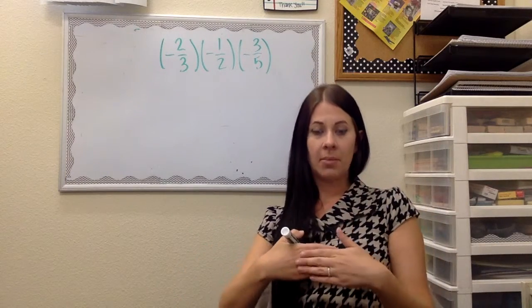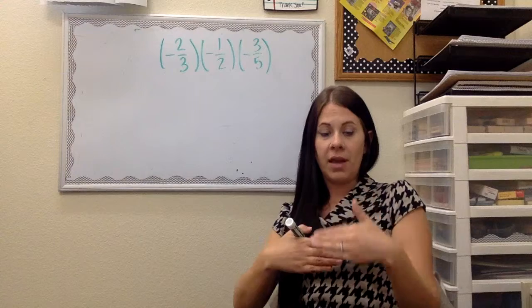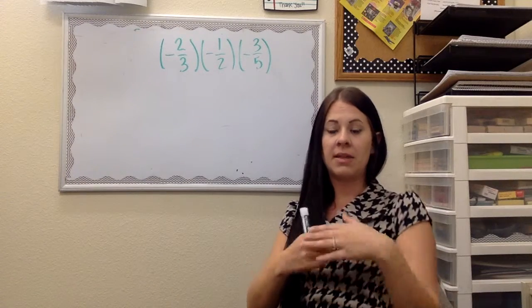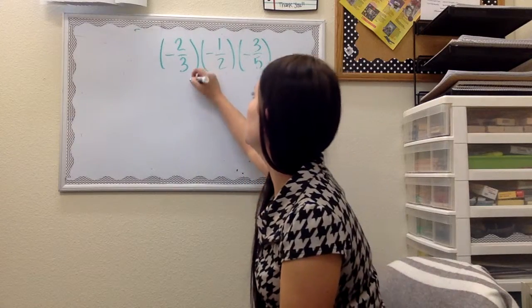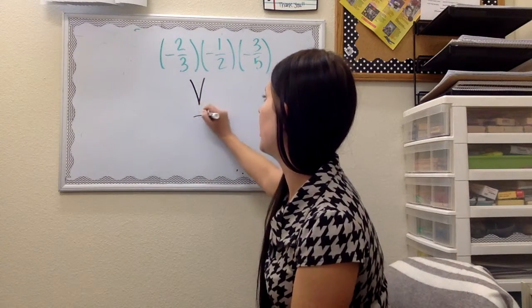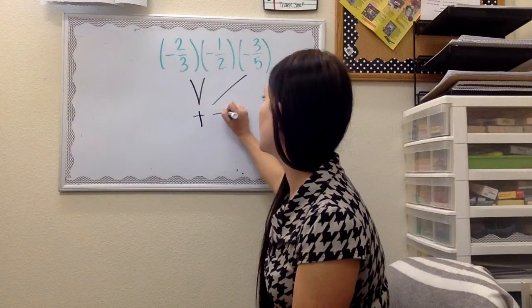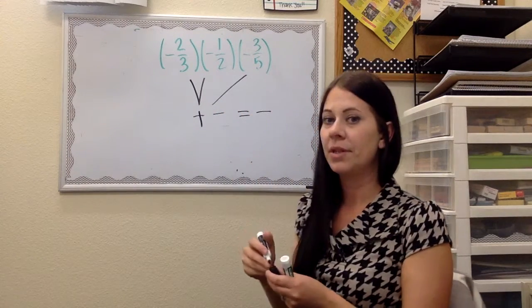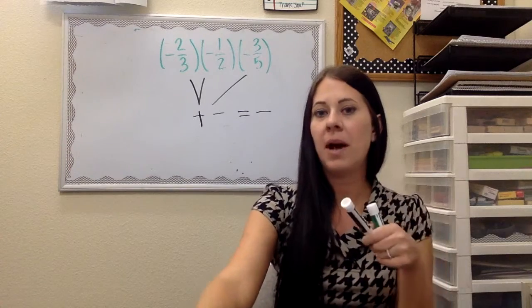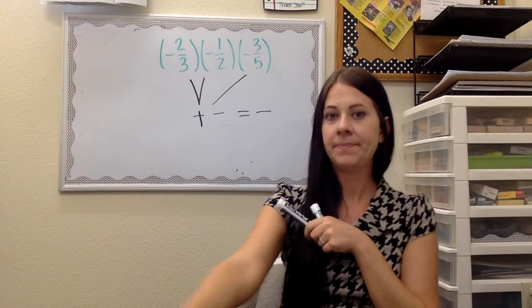So our even numbers, if they're all negative, end up positive, and our odd numbers end up negative. So if you need to, take 2 signs, put them together, negative times negative is positive, and then bring in that last sign, positive times negative, is back to negative. Okay, so now you pause me and try the problem.